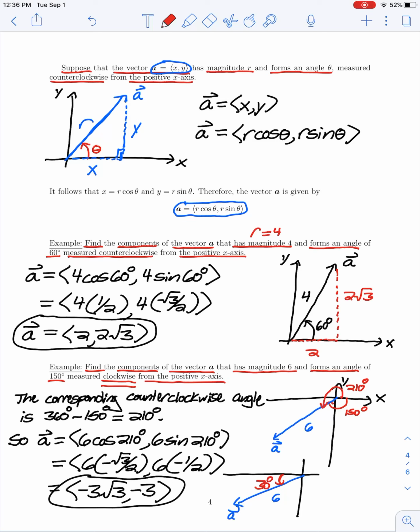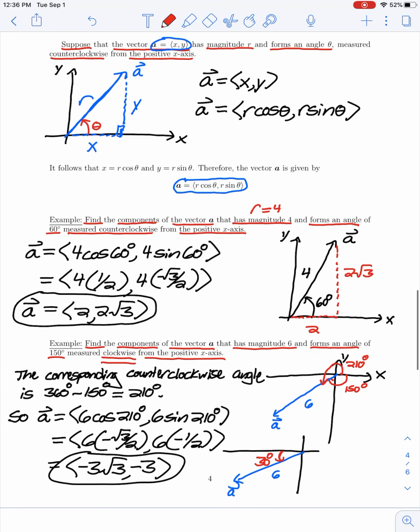So to get that 210-degree rotation in the counterclockwise direction, well, we rotated 180 degrees and then went 30 degrees past that. So we're rotating 30 degrees downward from the x-axis.